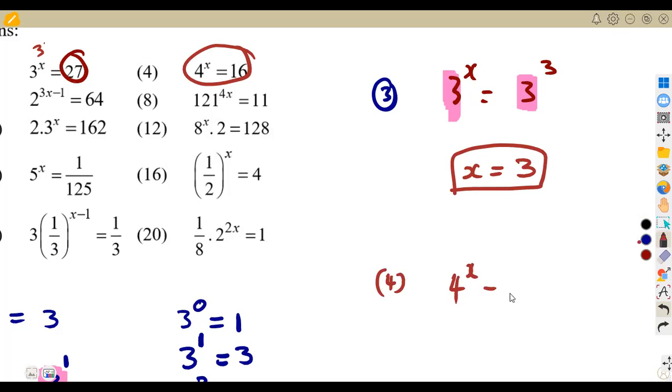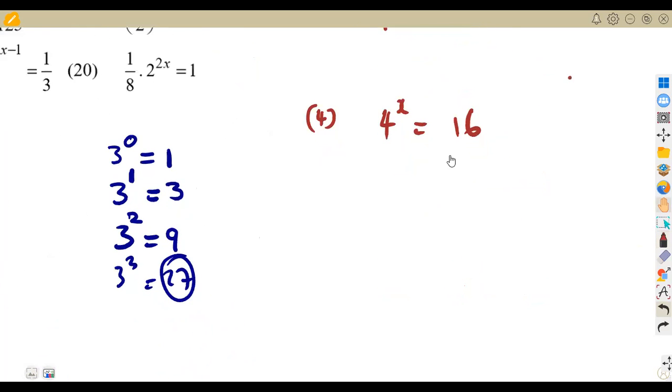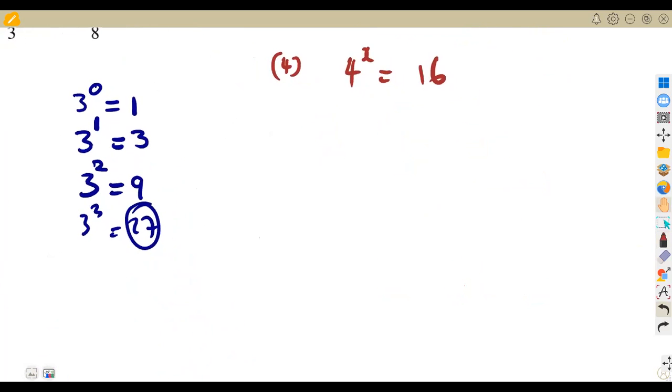All right. 4 to the exponent of x, on number 4, we are given 4 to the exponent of x, which is equal to 16. On this one, I've got 2 ways to answer it. I can write this 16 as a number in base of 4, which is very possible because 4 times 4 is 16. So 16 is equal to 4 squared.